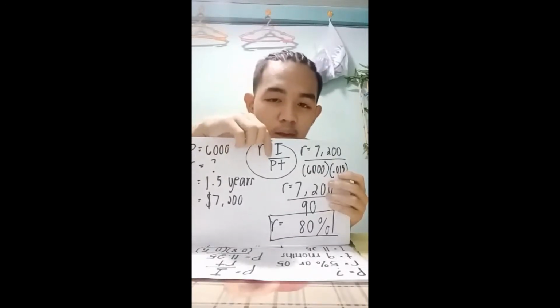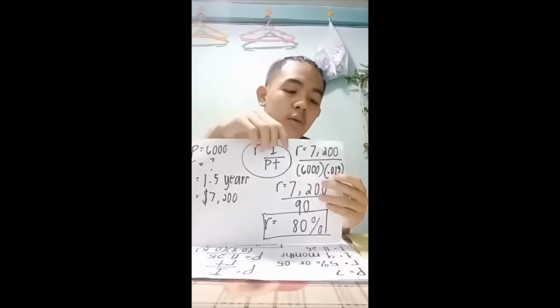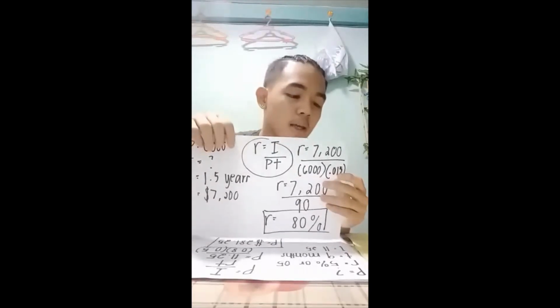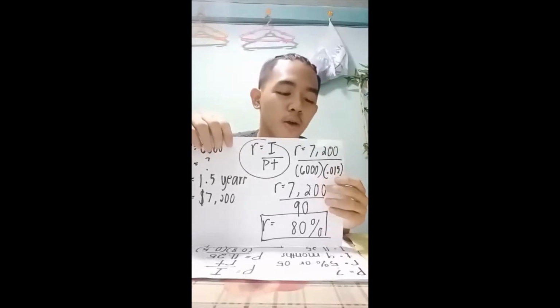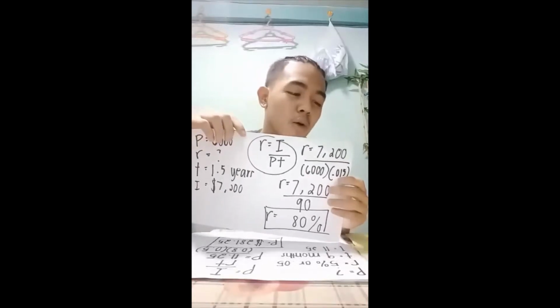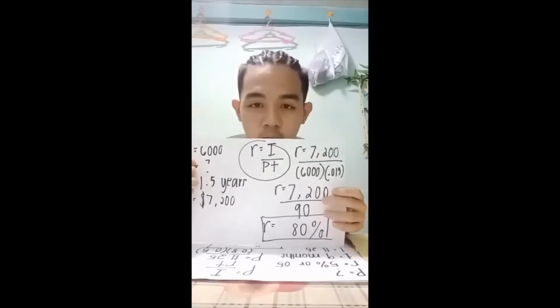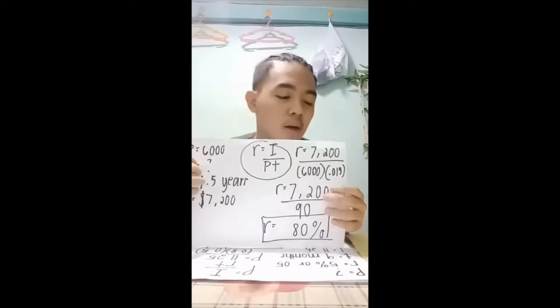or rate is equal to interest over principal value times time. So just substitute it. Rate is equal to 7,200 over 6,000 times 1.5. Then just put it in your scientific calculator.